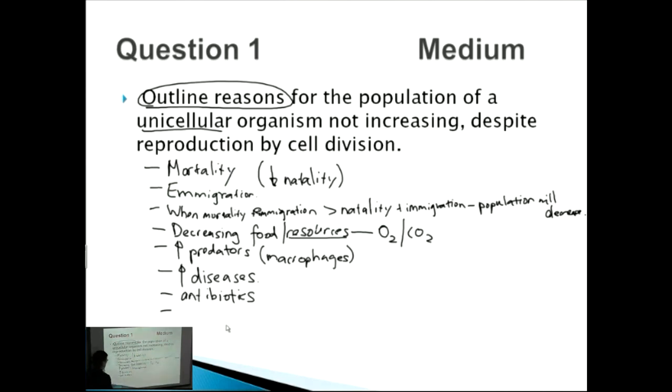If there was a change in pH, if it was to become more acidic or more basic, then the enzymes might be denatured, which would prevent the organisms from proliferating and growing in number. So a change in pH and a change in temperature. Those are the two big ones that you really want to put down for this question.